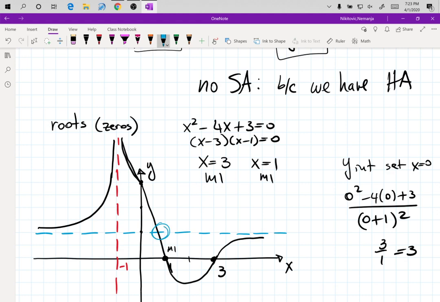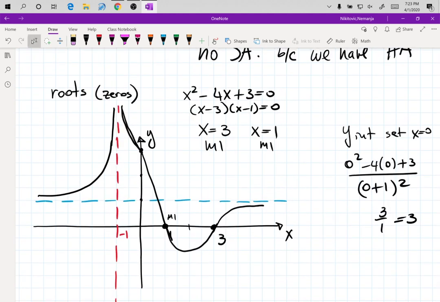So it did cross the asymptote here. We know, right, that horizontal asymptotes can be crossed. So there it is. Now your next step obviously is going to be desmos.com, right? And you are going to check your graph and make sure that you did this correctly.